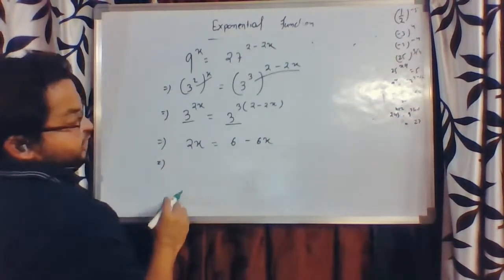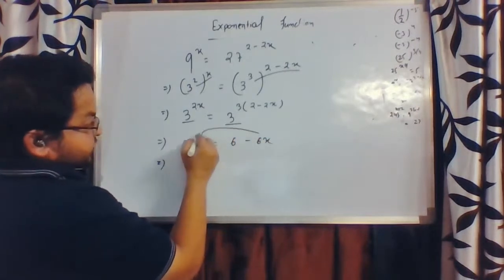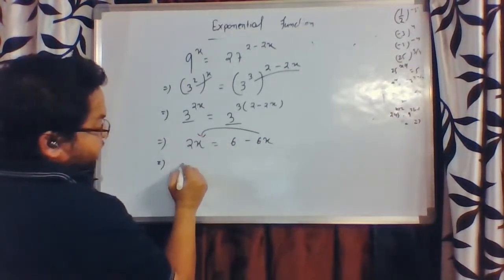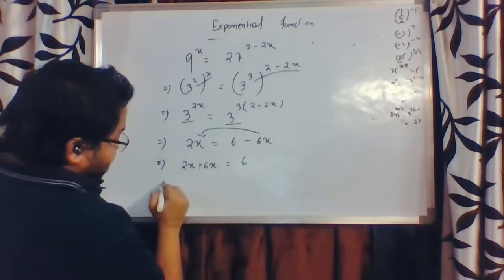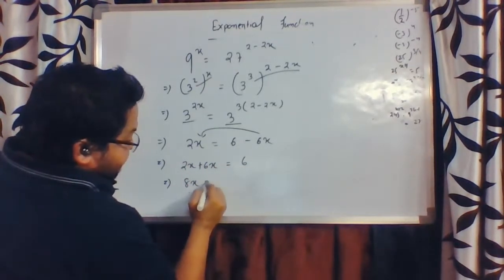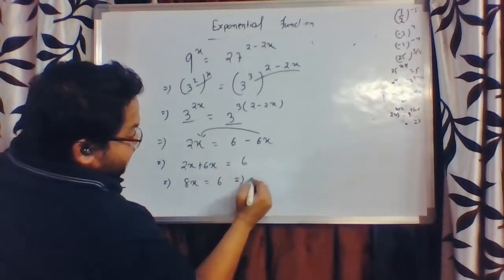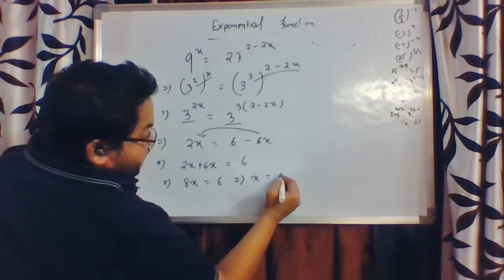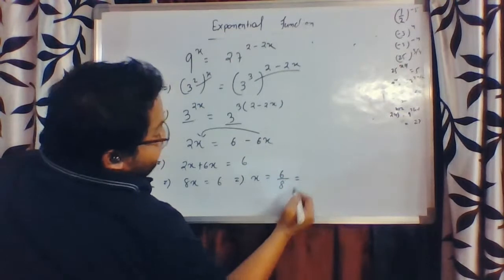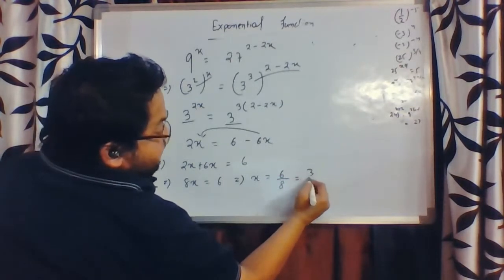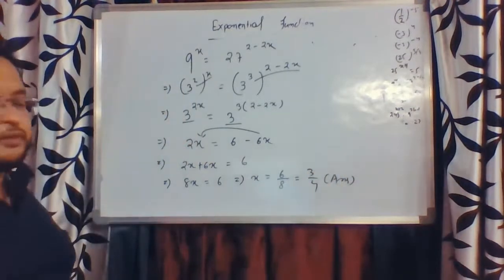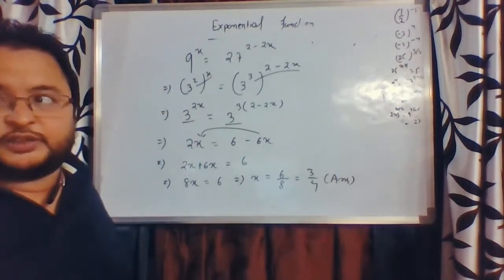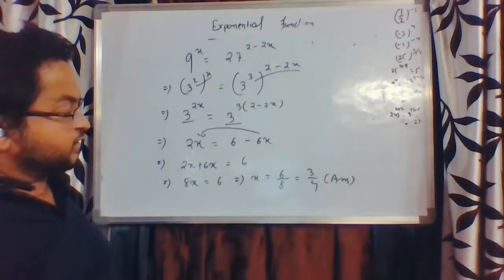Obviously, if I bring this 6x to this side of the equation, this will be 2x plus 6x equals to 6, or 8x equals to 6. Obviously, x equals to 6 by 8, that is nothing but 3 by 4, and that's the answer, right? So yeah, this is the next practice problem.